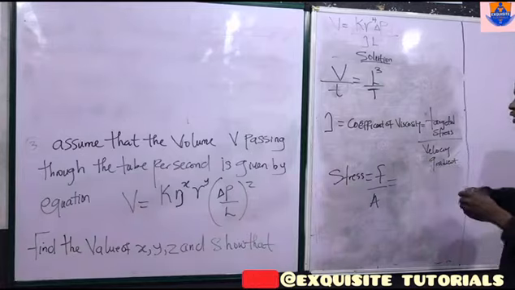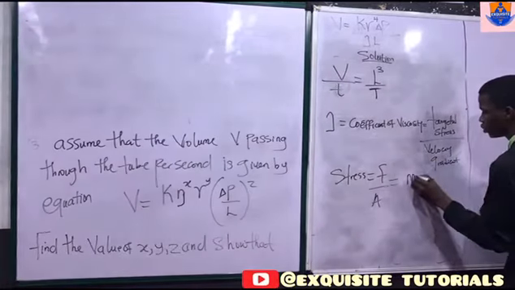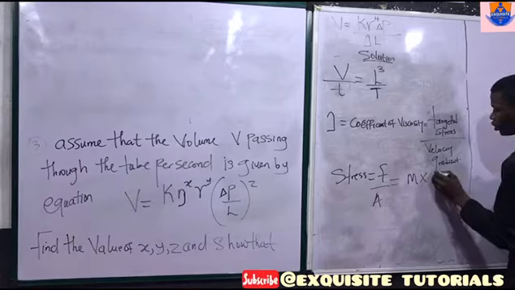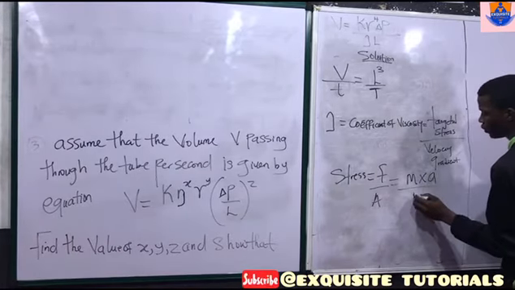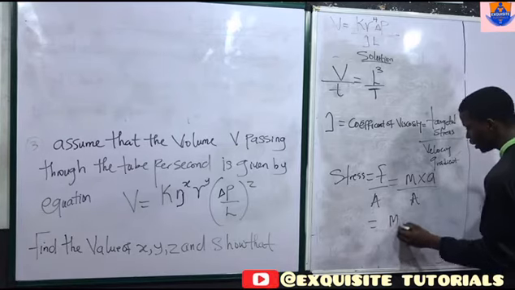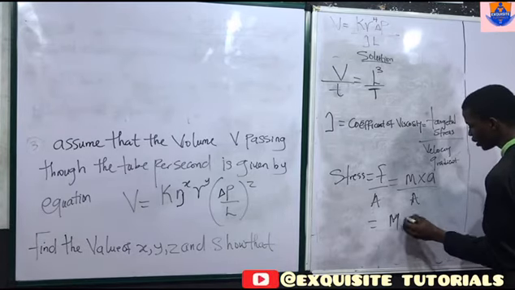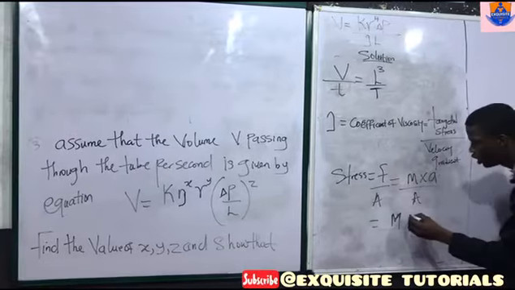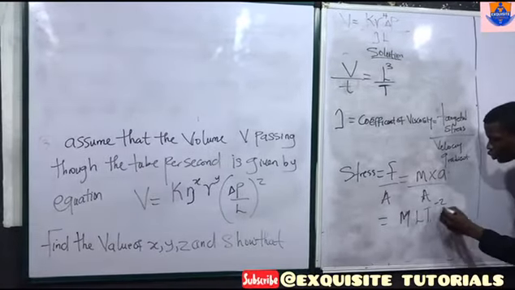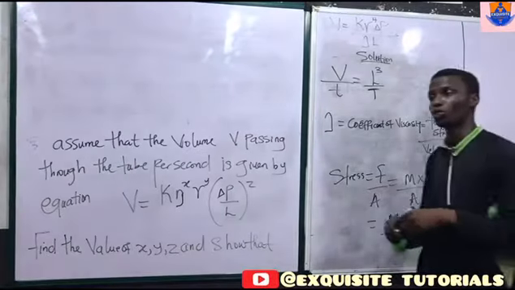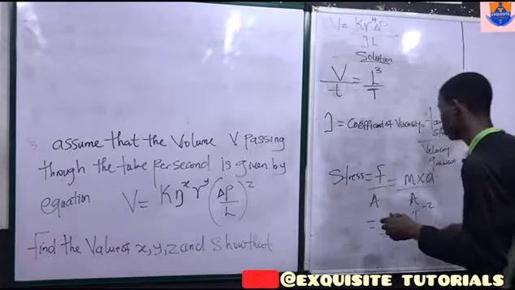We already know that force is mass times acceleration, divided by area. So that will give us M, representing the mass. Our acceleration, from the derived quantities I gave you, is equal to L t raised to power minus 2, divided by our area, which is length times breadth. That is 2 quantities of length, so I can just make it L squared.